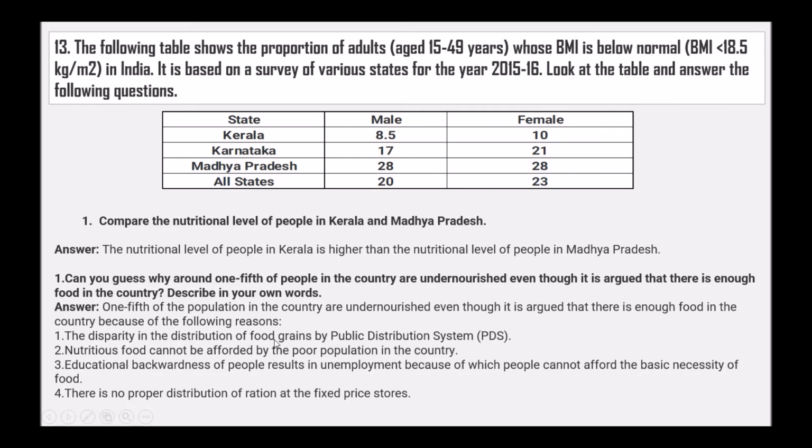The disparity in the distribution of food grains by the public distribution system. Nutritious food cannot be afforded by the poor population in the country. Educational backwardness of the people results in unemployment, because of which people cannot afford the basic necessity of food. There is no proper distribution of ration at the fixed price stores.